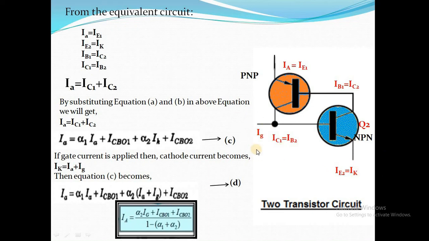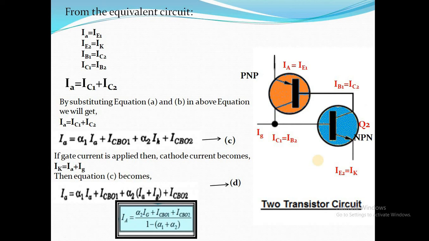So here we are using the gate only for turning on an SCR. Whenever an SCR is used practically for an application, the gate terminal is used for turning on, and to turn off the conducting SCR, we need to turn off the supply.